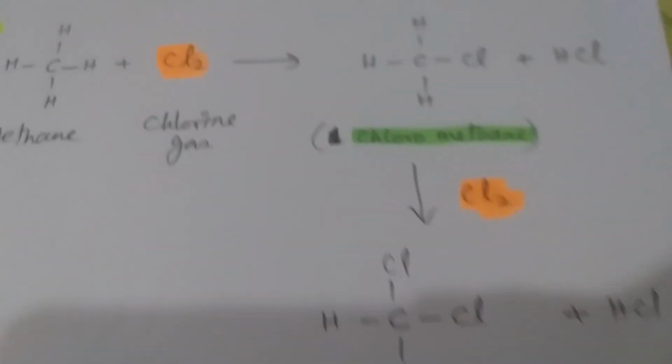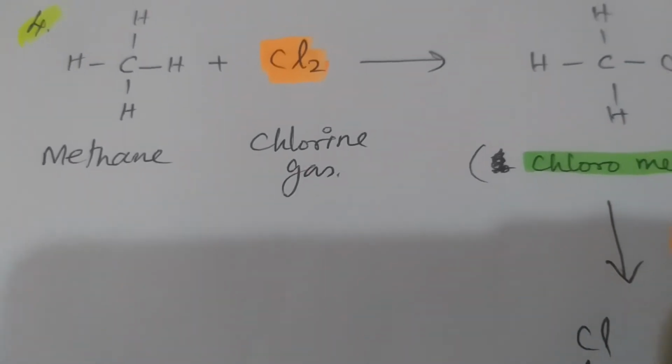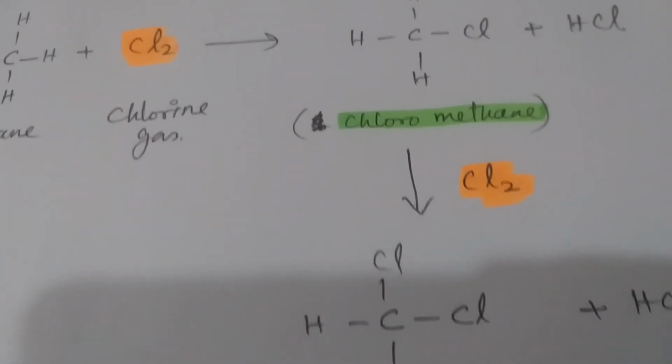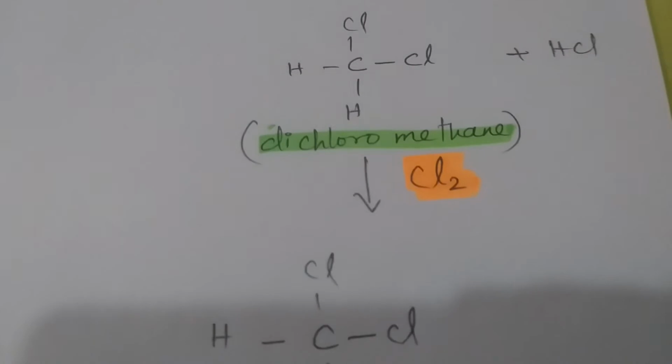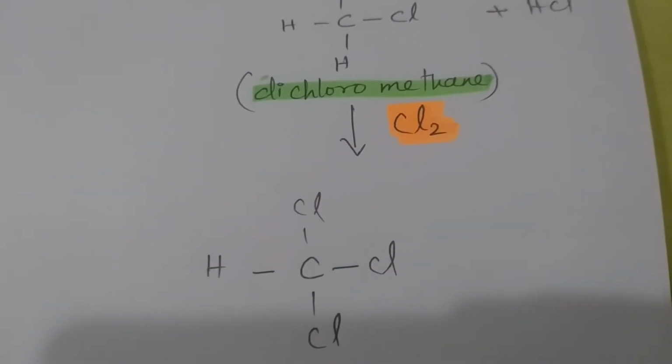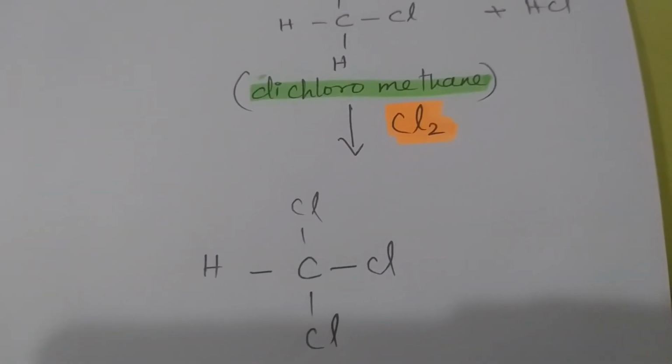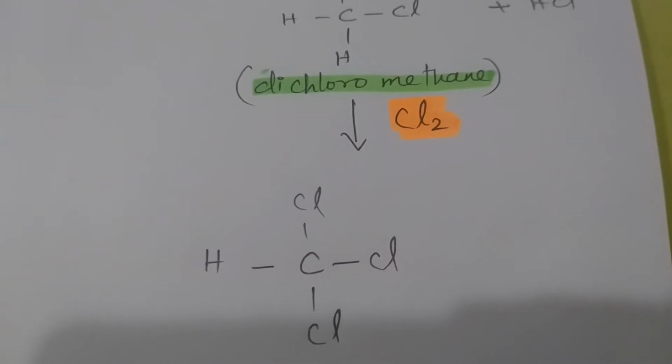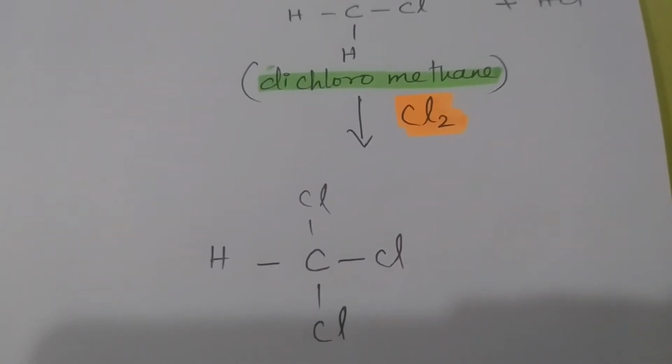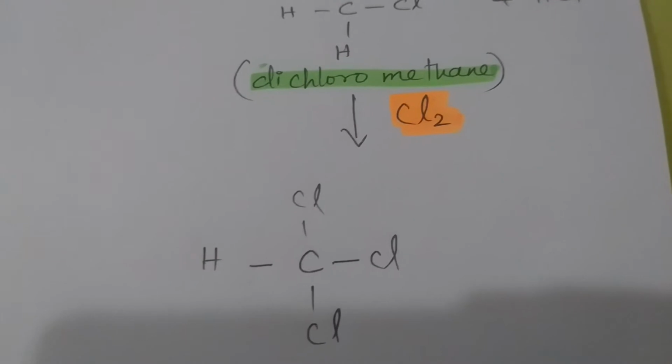If you see from the top, how many moles of chlorine are being added? 1, 2, and 3, right? Now, in case you are asked to find tetra, meaning 4, it's not there in the question, I'm just giving you additional information.